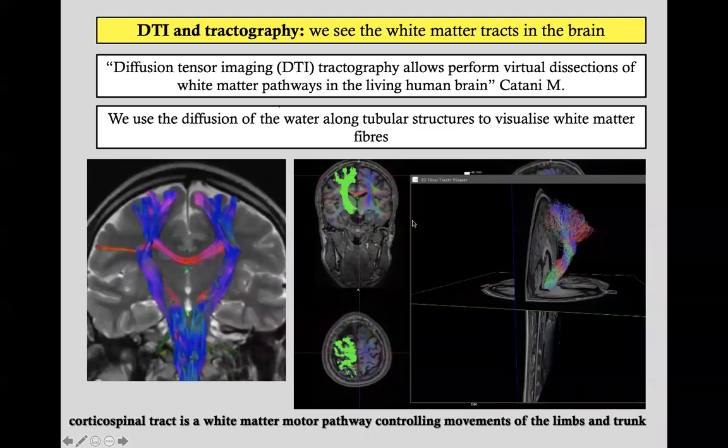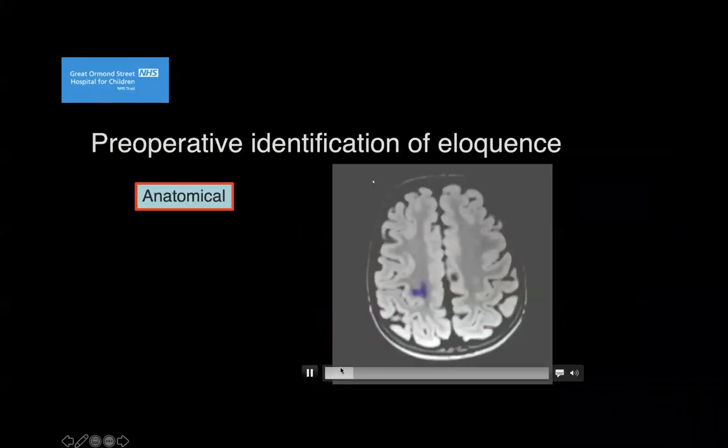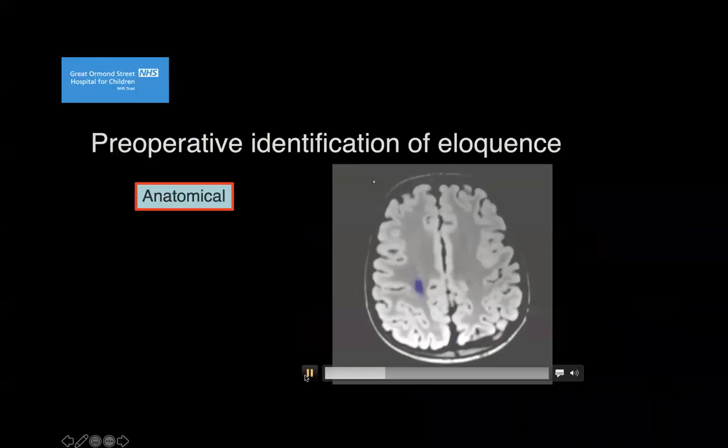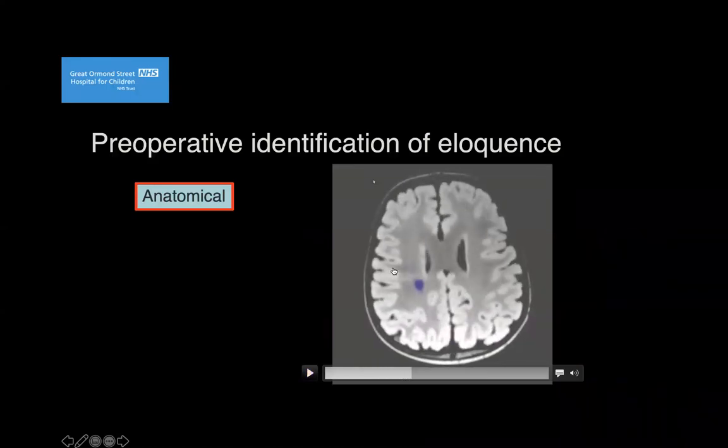Now, why so important? Because if you have a lesion, look at this, okay? So this is in purple, the corticospinal tract overlaid on a FLAIR sequence, okay? Look at that. And then something happened. This is a transmantle sign. This is a focal cortical dysplasia that runs very close to the tract.